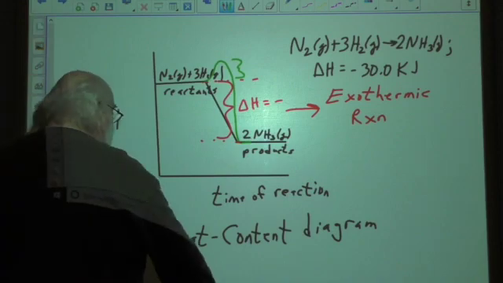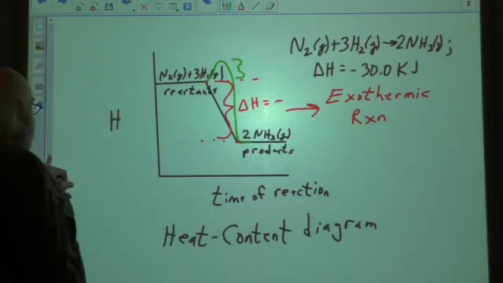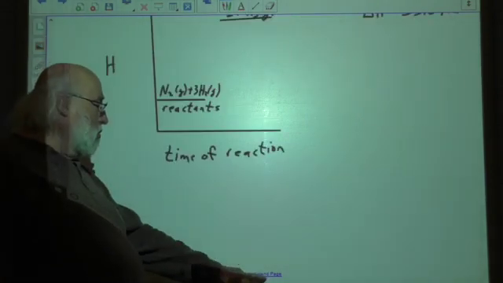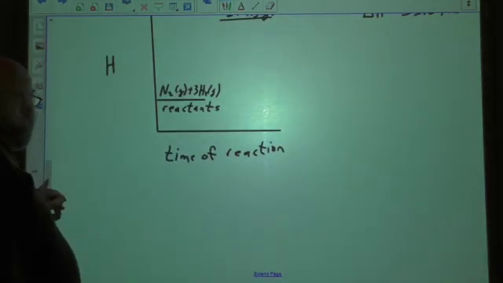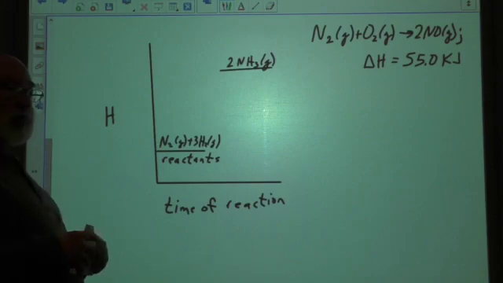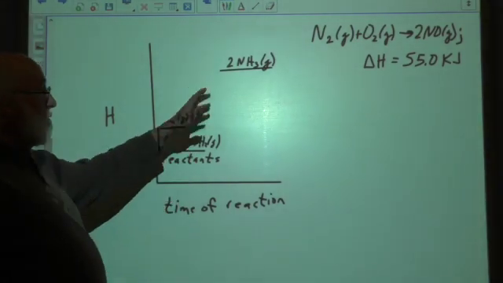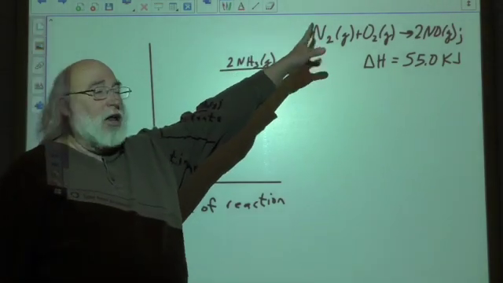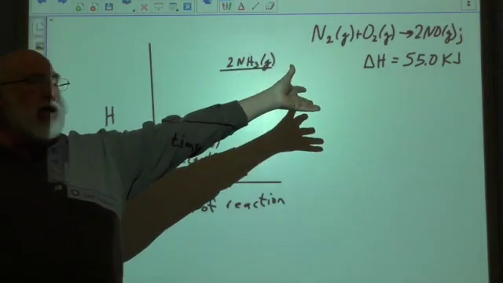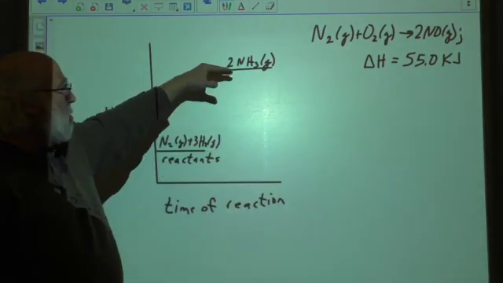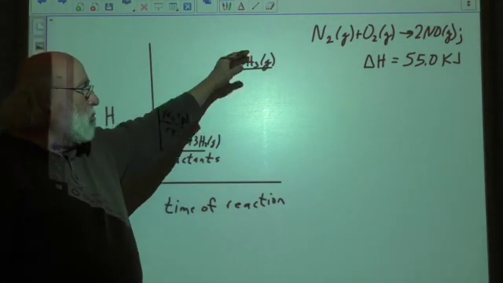Now, the other direction is what we call an endothermic reaction. Endo means within, and of course therm means heat, so the heat stays within it and it grabs even extra from outside of it. In this case, the reaction is with nitrogen and oxygen, which turns out to be an endothermic reaction. It's a positive value, which means the heat levels go up from reactants to products.